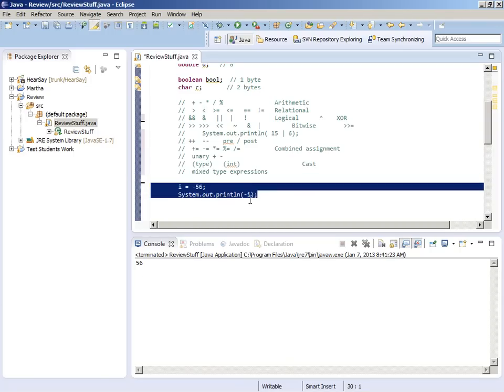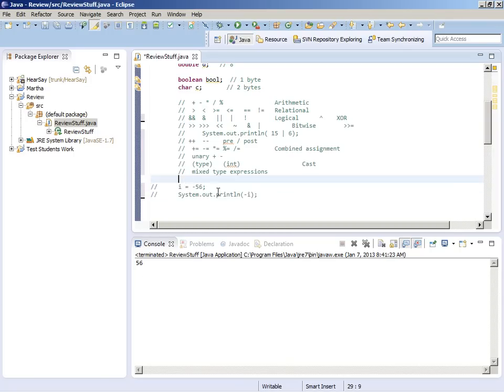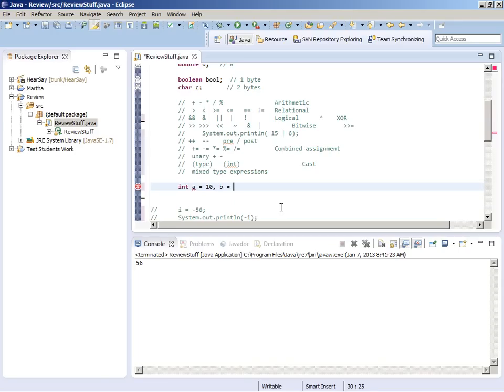So we started out with the easiest one first, and I'm going to just comment that one out. Let's declare a few variables that we will use to talk about these operators. These are horrible names.